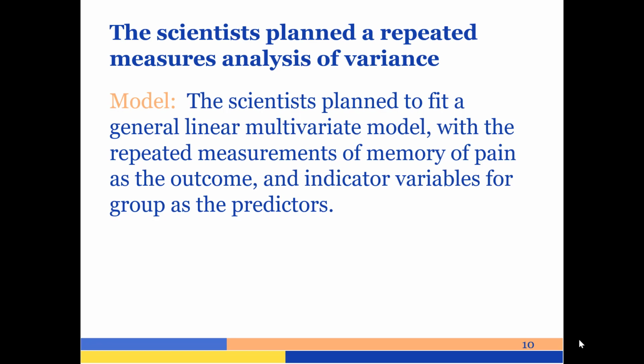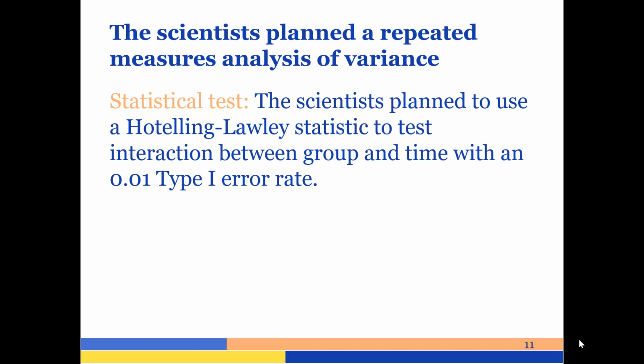So a general linear multivariate model fits this study very well. Repeated measurements of memory of pain were the outcome variable, and the predictors were the groups, treatment and control. This implies using a binary dummy variable that represents group 1 versus group 2. The statistical test was the Hotelling-Lawley test to test the interaction between the variables group and time.